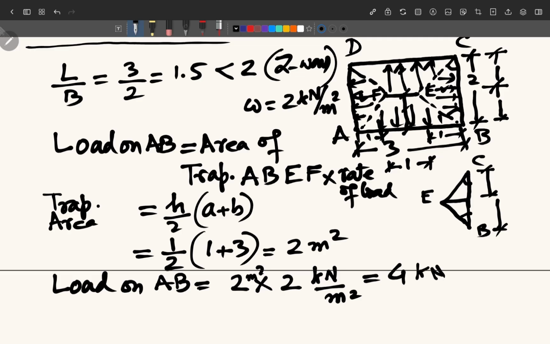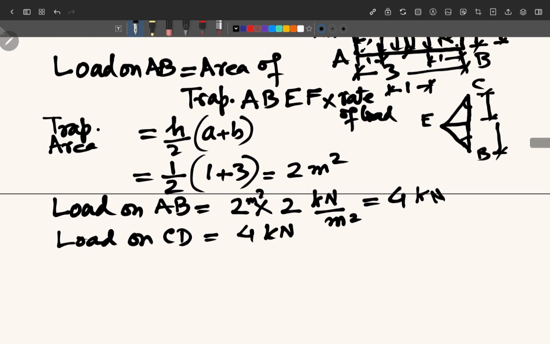So total load on this beam AB is equal to 4 kilonewton, and similarly the load on CD will also be the same. Load on CD is also 4 kilonewton. This is the load given in terms of kilonewton.